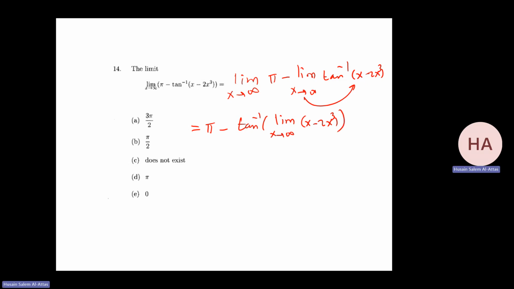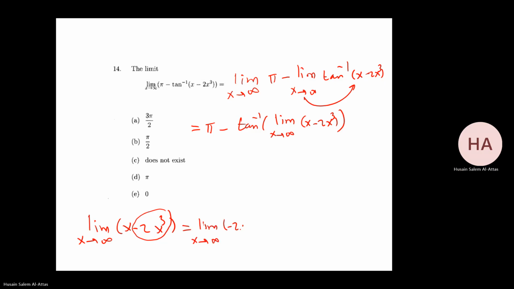Okay. Now, what is the limit of this? Where is the control? The control is here. So this will be the same as this limit, which is minus infinity. So this goes to minus infinity.